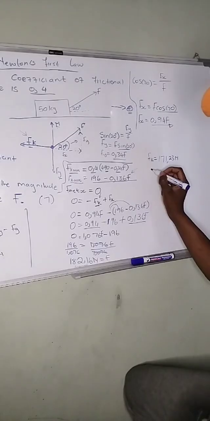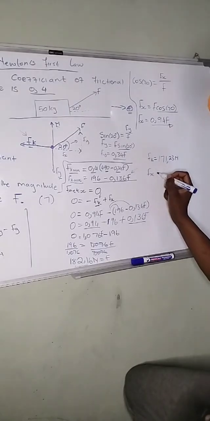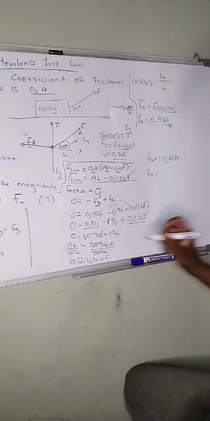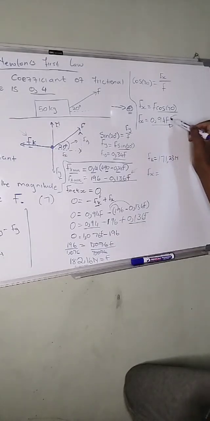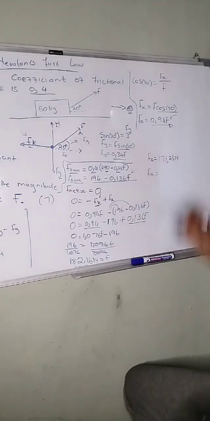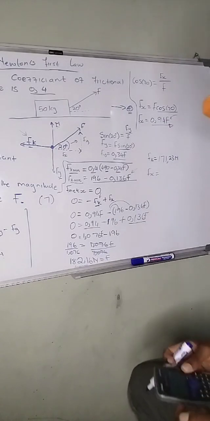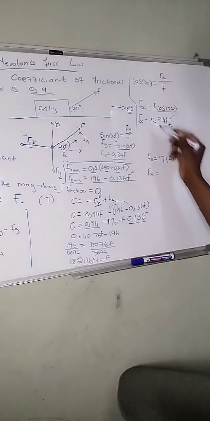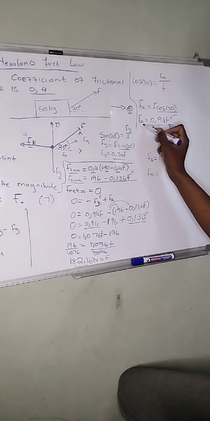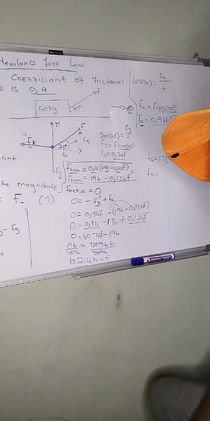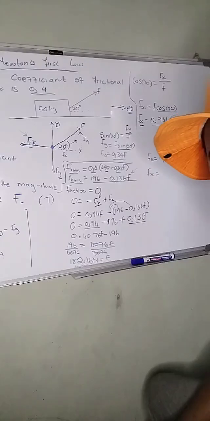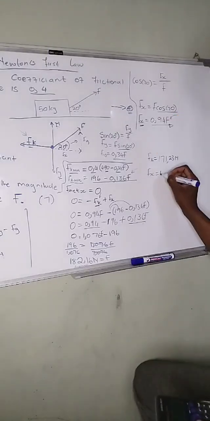So when we substitute Fx in place of Fk, here's my Fx. I said Fx is 0.94 F. So what's going to be the value there when you substitute Fx with 0.94 F? It's still 1.3.